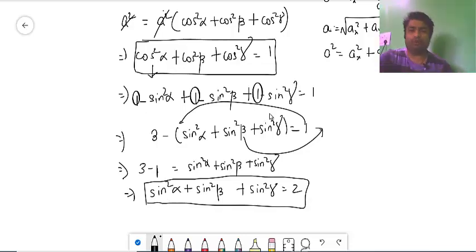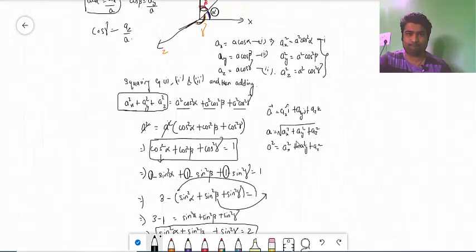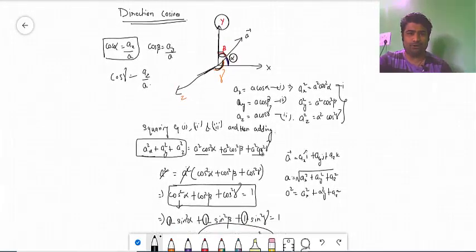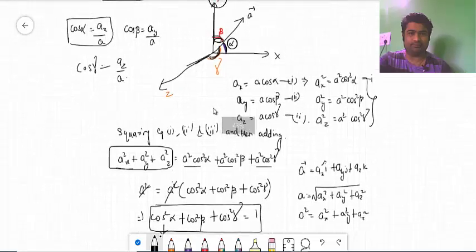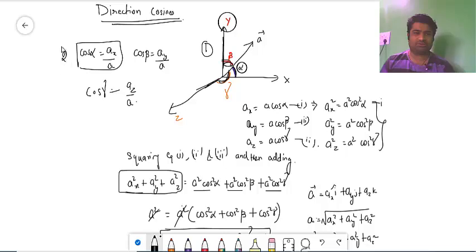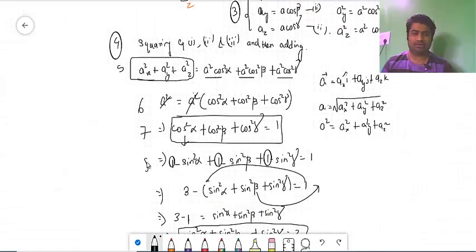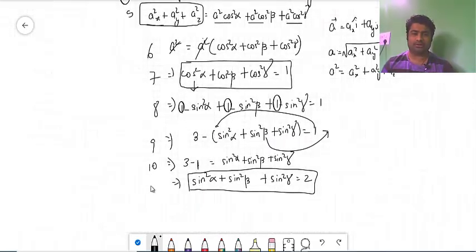So what you have to do, how you will copy it right now, just see. You will give this heading here, pause the video and draw this diagram, then write these steps, then this is your third step, then you can proceed further. 4, 5, 6, 7, 8, 9, 10 and 11 step.